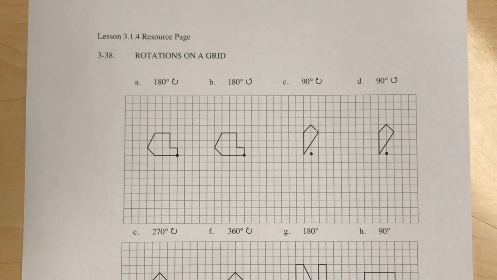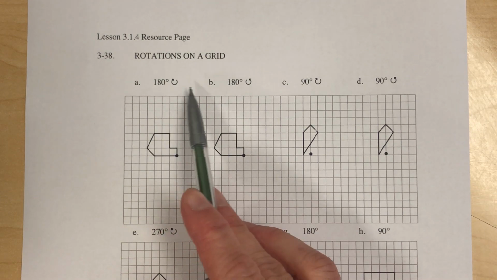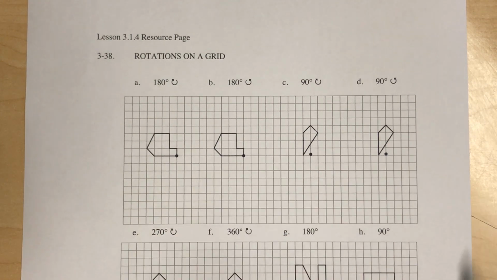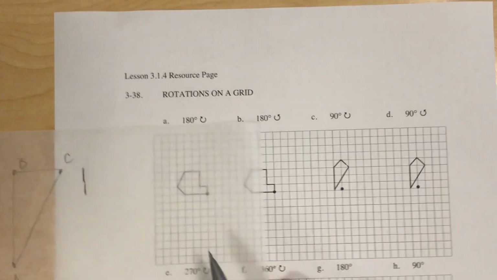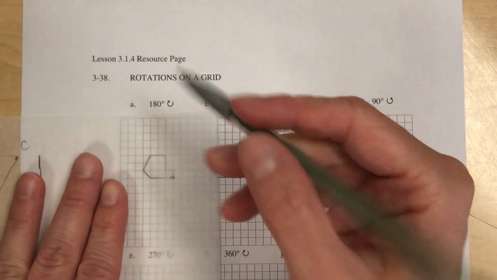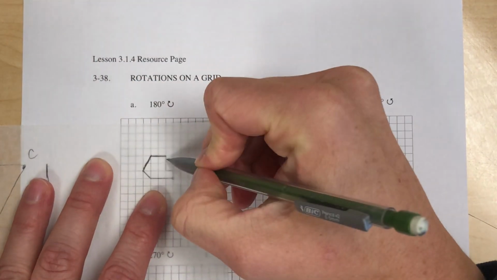Notice that this is 180 clockwise, this is 180 counterclockwise. Is this going to make a difference? Sometimes it's going to make a difference, sometimes it's not. Using the same paper, you can pause this video and work on this yourself, but if you want to follow along, that's great too.